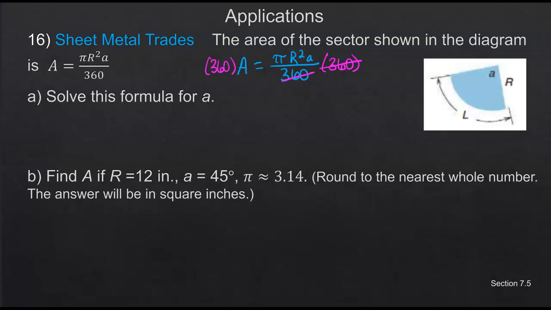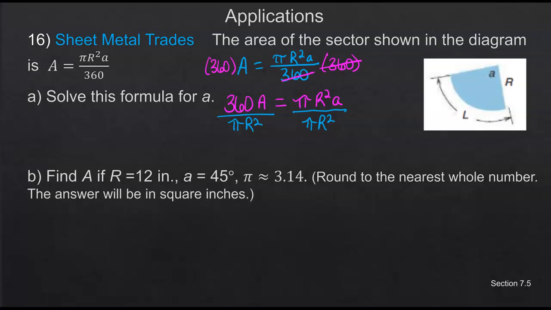And then we will be able to solve from there. Now on the right hand side it says pi times the radius squared times a. It's all multiplication. To isolate that a, we can divide by pi r squared on both sides.